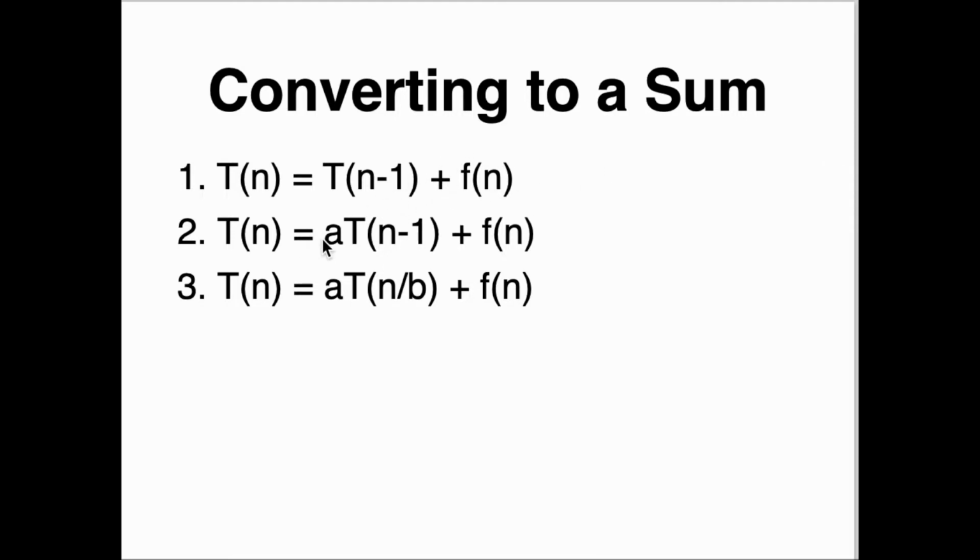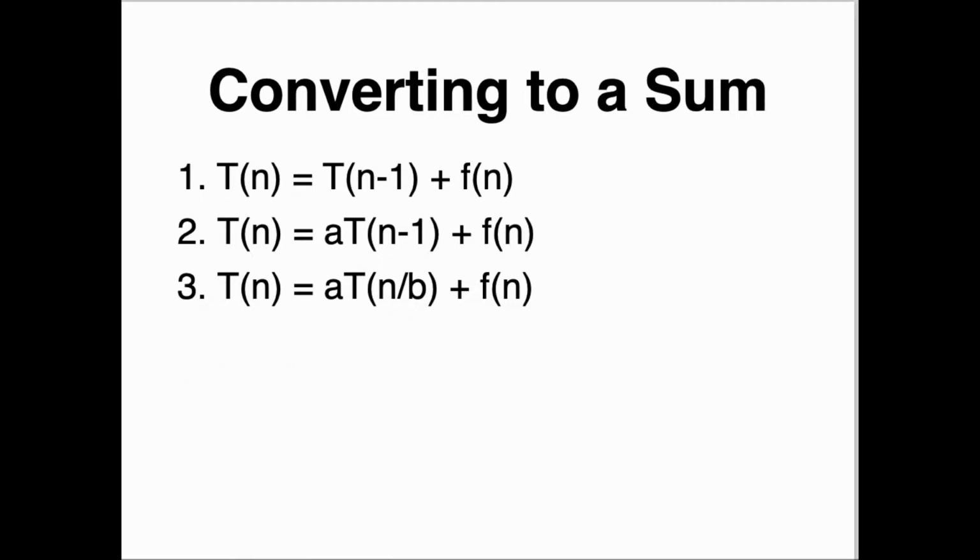The second one is if meron tayong constant a na minumultiply sa T of n minus 1 plus some generic function ulit. And the last one is when we have some constant a times T of n divided by b.